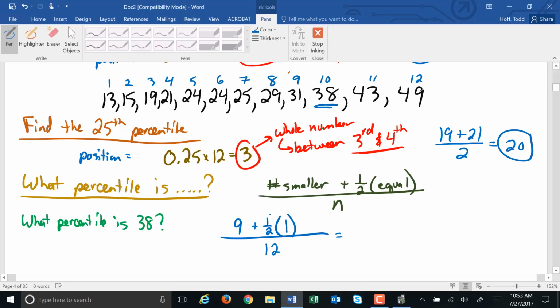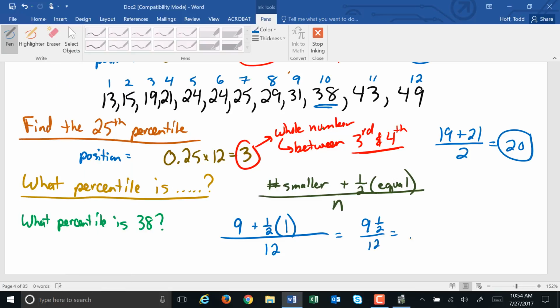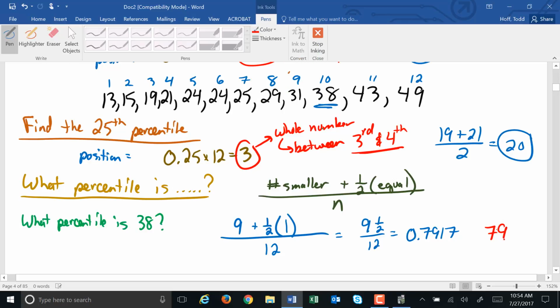So on top we've got 9 plus 1/2 times 1. 1/2 times 1 is 1/2. 9 plus 1/2 is 9.5 over 12. So 9.5 divided by 12 is 0.7917. We are going to move the decimal point to make that a percent. 79.1, or we'll call it just the 79th percentile.